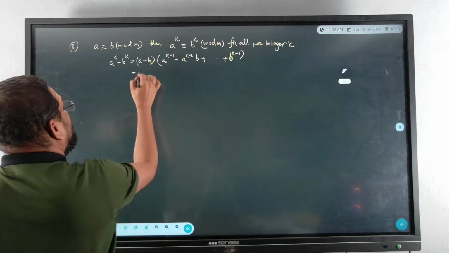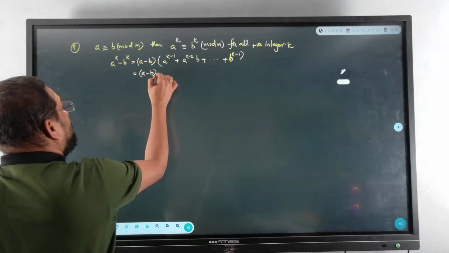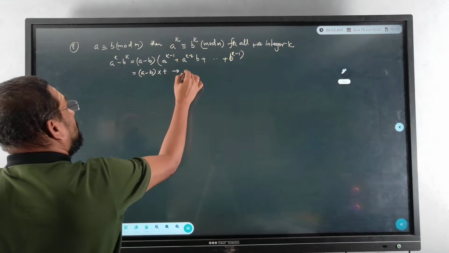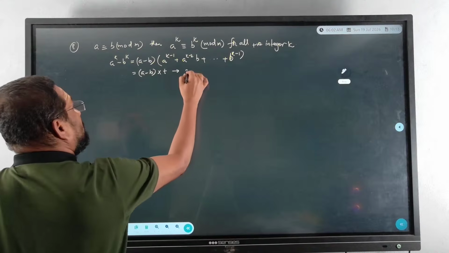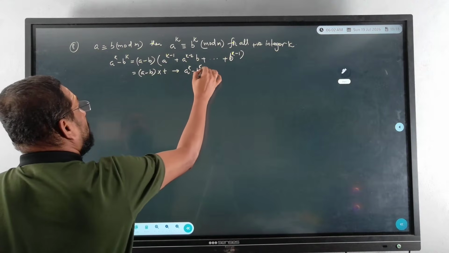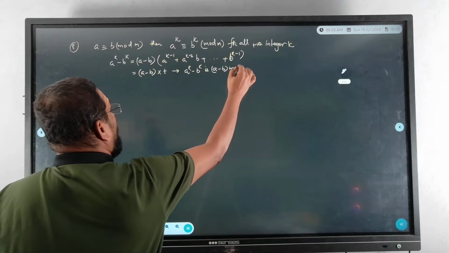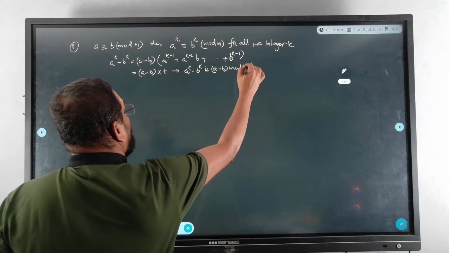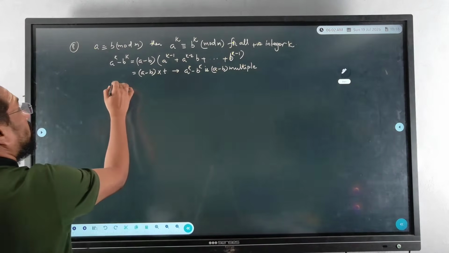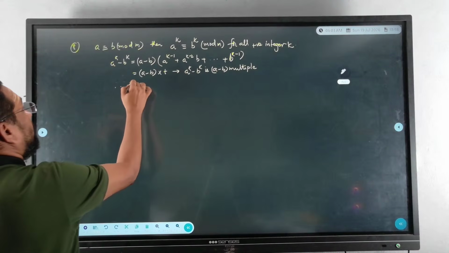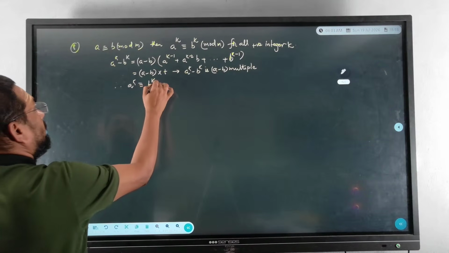So it is A minus B times T. What does it mean? A power K minus B power K is a multiple of A minus B. Therefore A power K is congruent to B power K mod M.